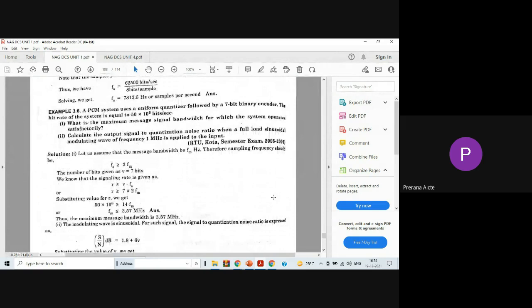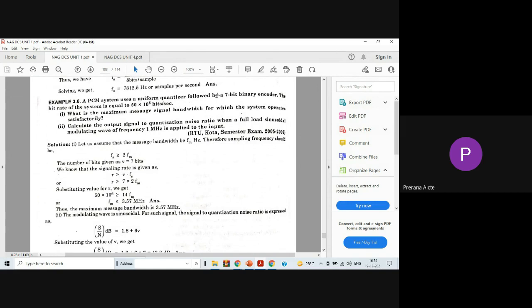See one more problem. What is that? A PCM system uses a uniform quantizer followed by a 7-bit binary encoder, and the bit rate of the PCM system is equal to 50 into 10 power 6 bits per second, 50 megabits per second. What is the maximum message signal bandwidth for which the system operates satisfactorily?